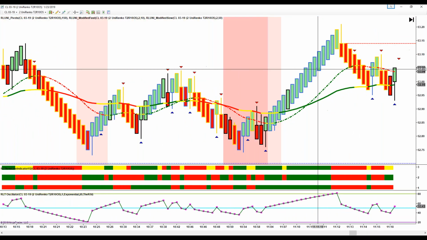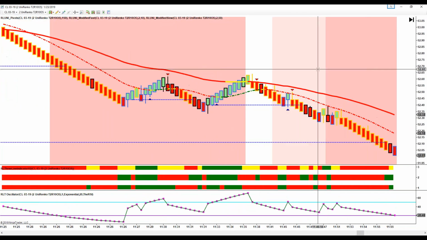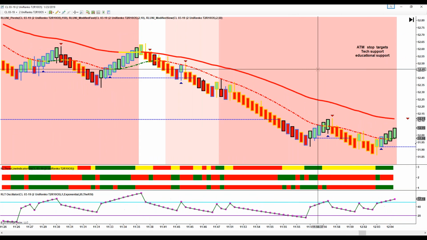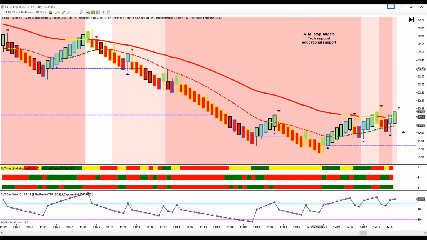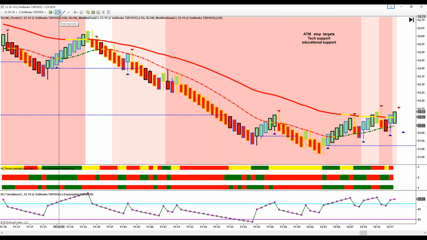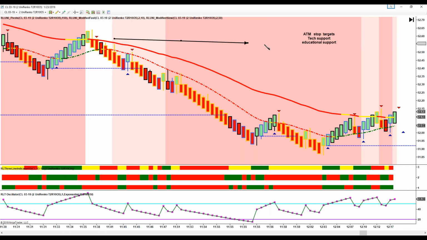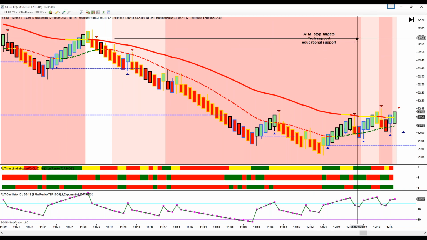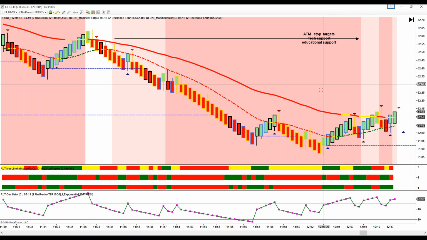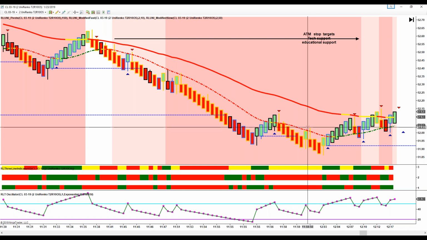Now, I alluded at the end of the webinar a couple of days ago to Alexander Elder and the triple screen method. And the most important indicator on the chart is background bias. There is a mathematical formula that says every independent variable that determines the future movement of price is not equally powerful.